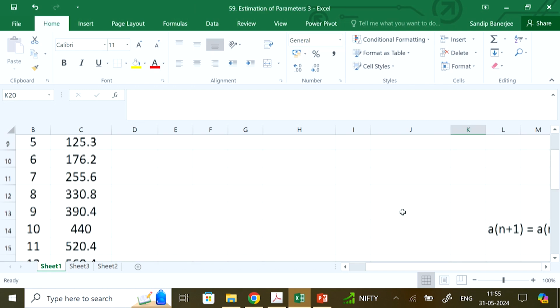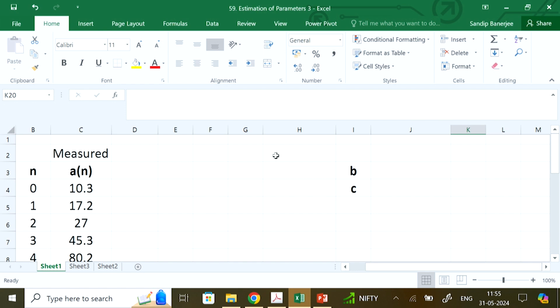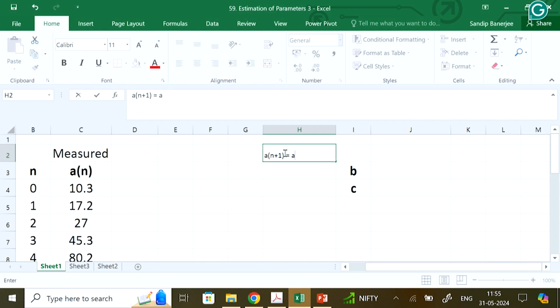The equation which I have is the logistic equation, and this will look like this: a_{n+1} = a_n + b times (c - a_n) multiplied by a_n.